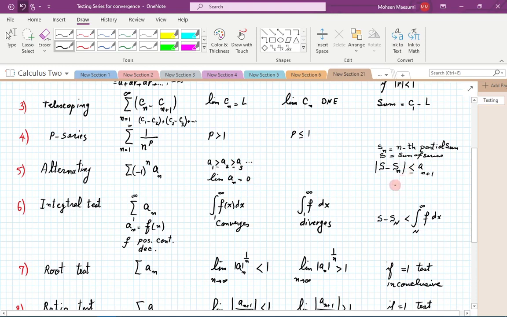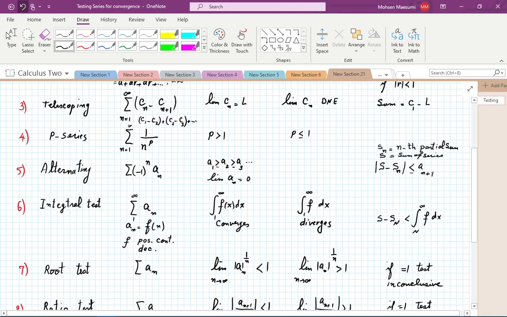If you want to know how close we are to the actual sum, we can add up the first n elements, so we have the nth partial sum. The difference of the actual sum of the series from that partial sum is less than the next term of the series. We use that to figure out how many terms to add to reach a certain level of accuracy.